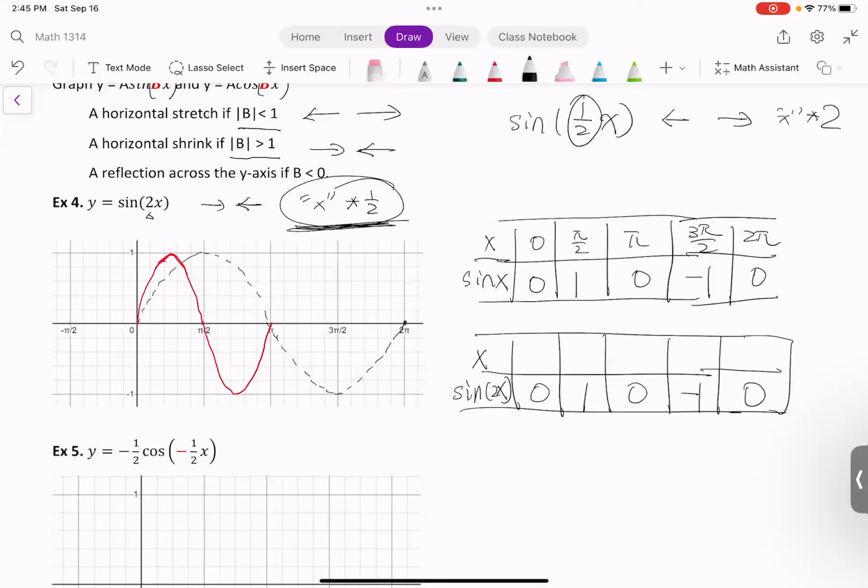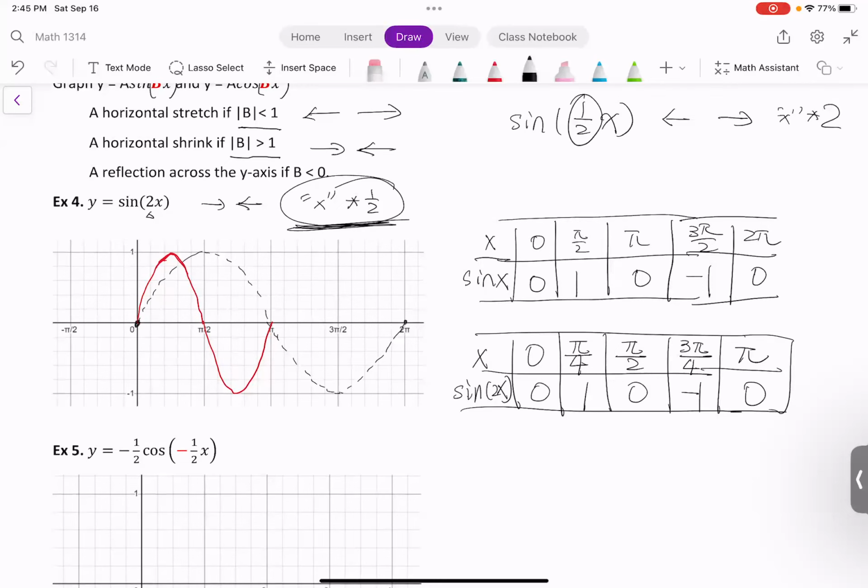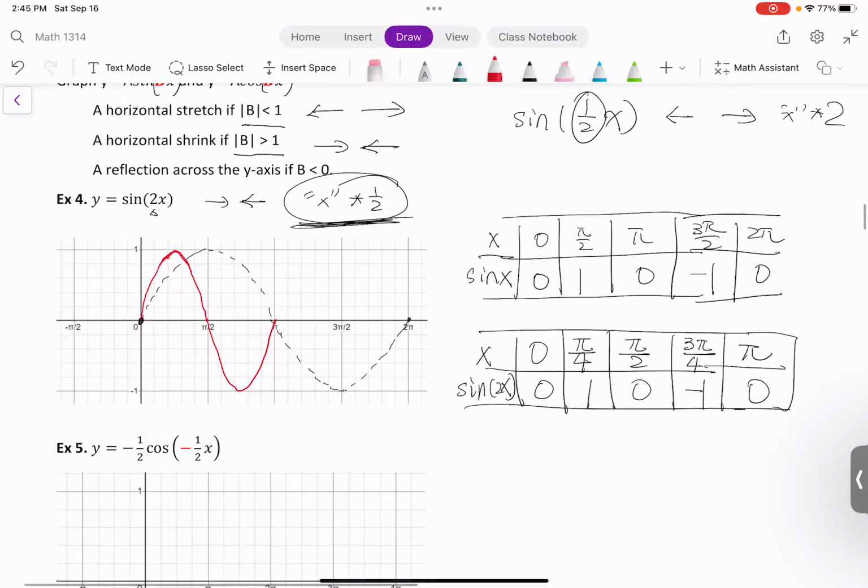X becomes 1/2: 0 times 1/2, pi over 2 times 1/2, pi times 1/2, 3 pi over 2 times 1/2, and 2 pi times 1/2. So the first key point is 0, 0, and the second point is pi over 4, 1. The third point is pi over 2, 0. The next key point is 3 pi over 4, -1, and then pi, 0.